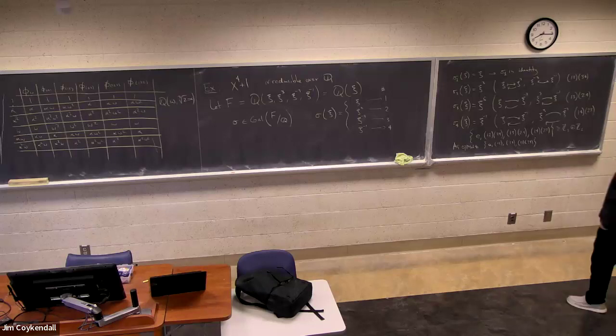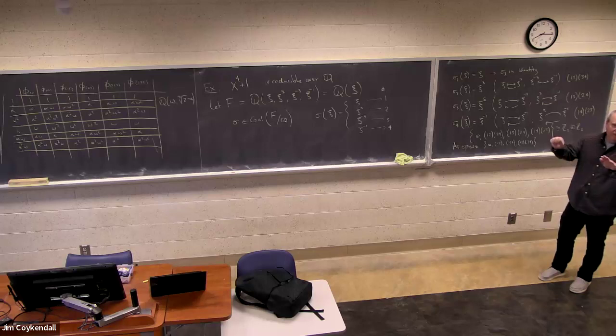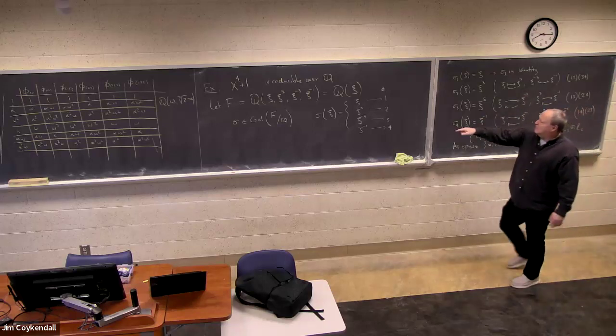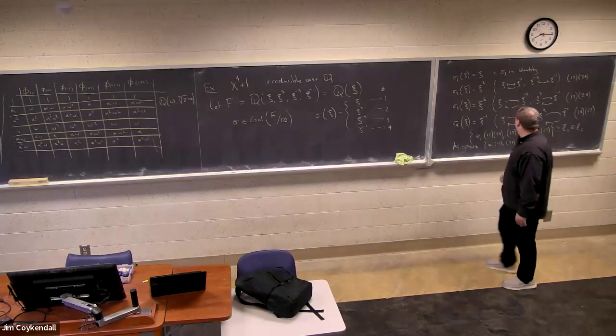What do I mean by transitive? A subgroup of a permutation group is transitive if, given any 2 elements that you're permuting, there is an element of that subgroup that takes this to this, right? So we're permuting 1, 2, 3, 4. 1 goes to 3.